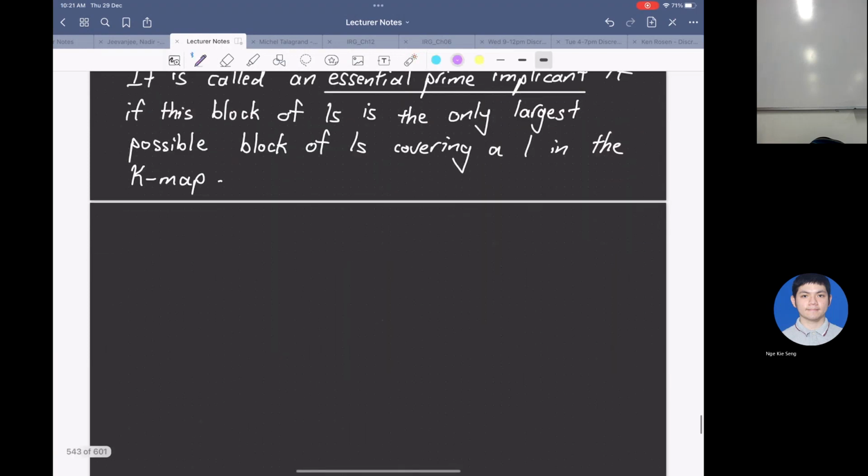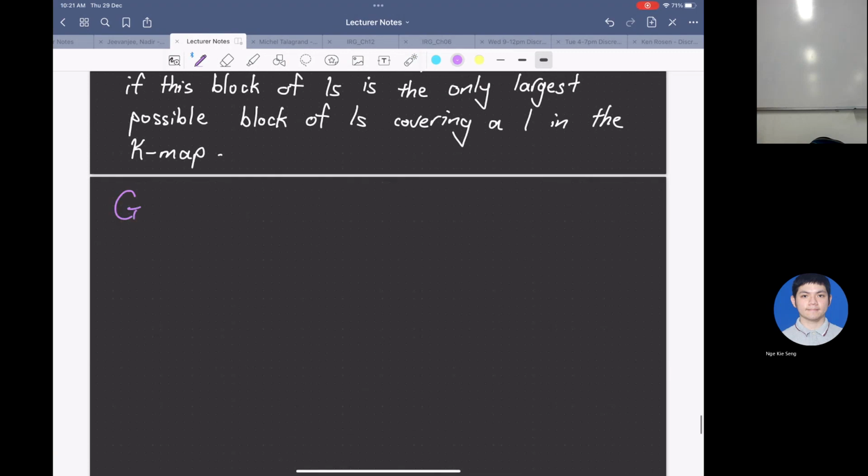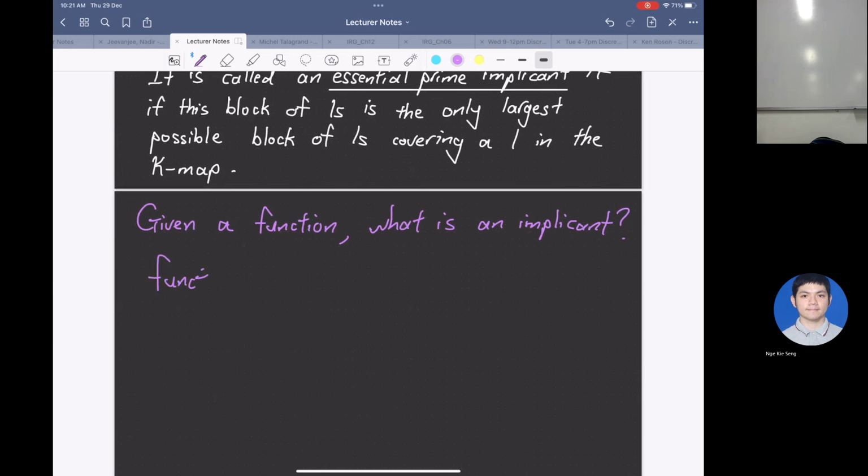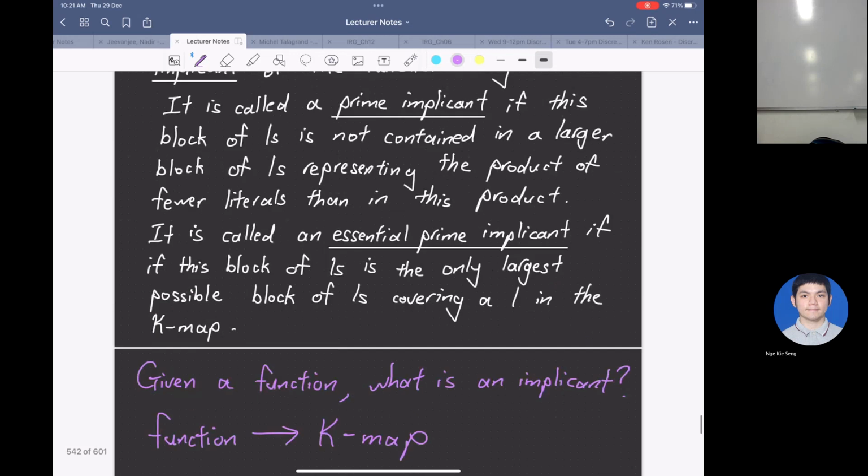So given a function, you can build a K-map. Given a function, you should have a K-map in your mind. So what is an implicant?